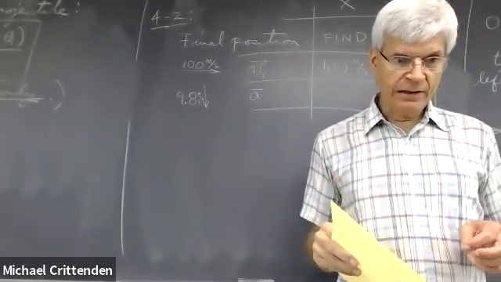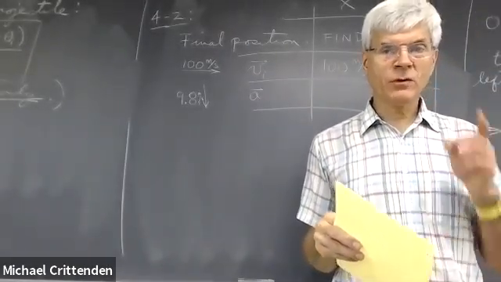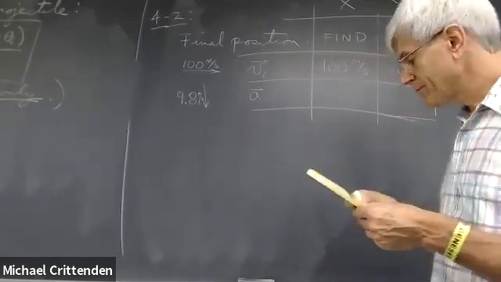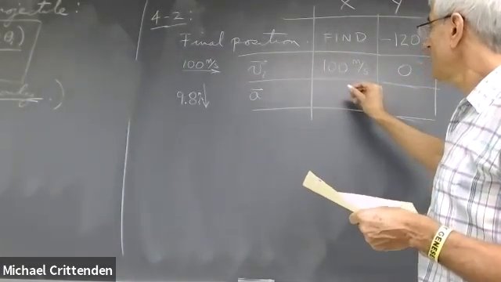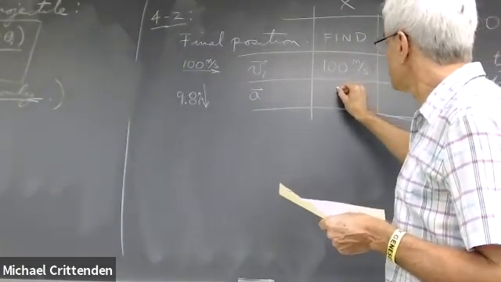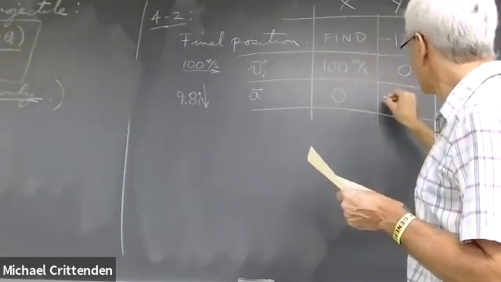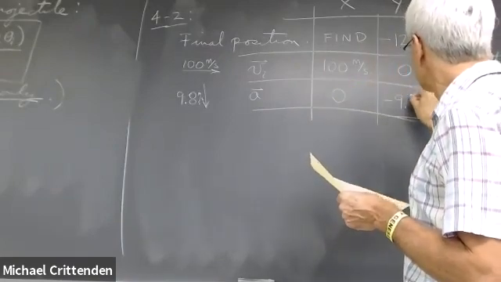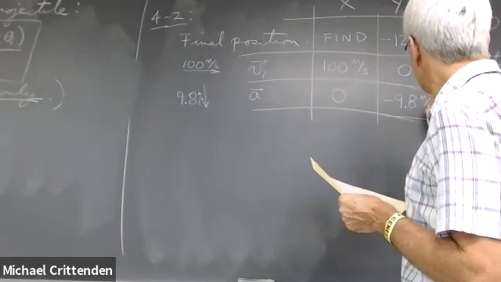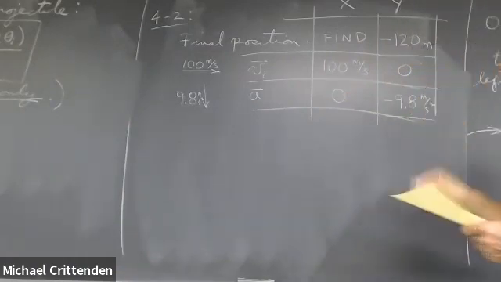And I may have drawn it a little crooked, but that's supposed to point right straight down. The horizontal component of a vertical vector would be 0. And its y component is that.